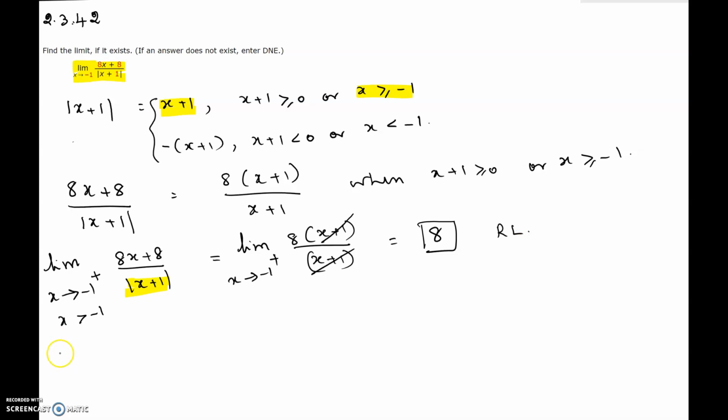Now let's consider the left limit, when x is less than negative 1. X approaches negative 1 from the left, superscript minus. This means x is approaching negative 1 from the left side of negative 1, through values smaller than negative 1. So in this case, (8x + 8) over absolute value of x + 1 becomes the limit as x approaches negative 1 from the left.